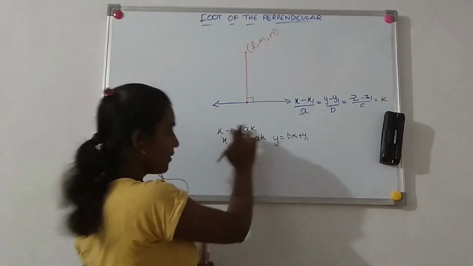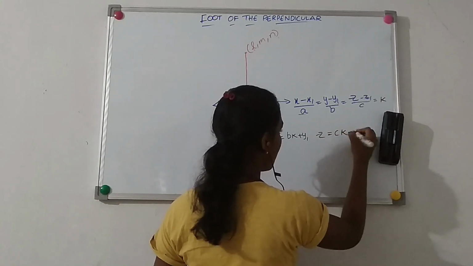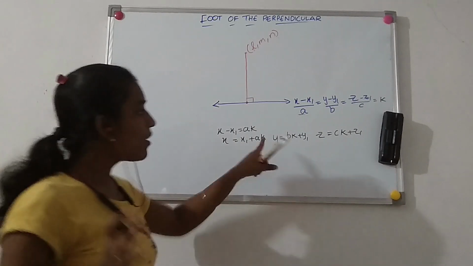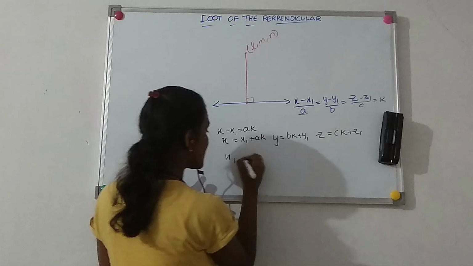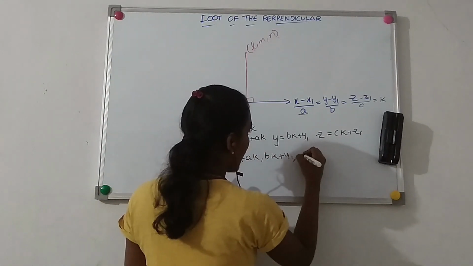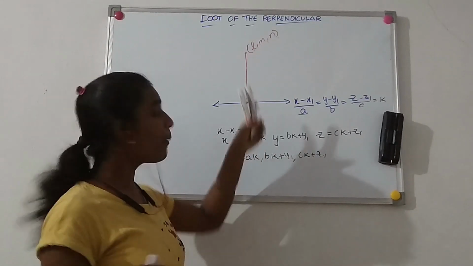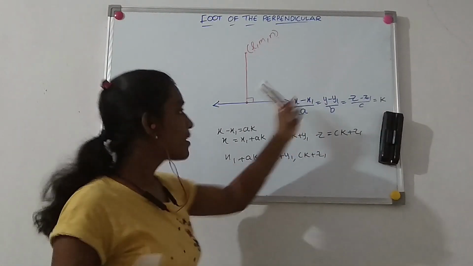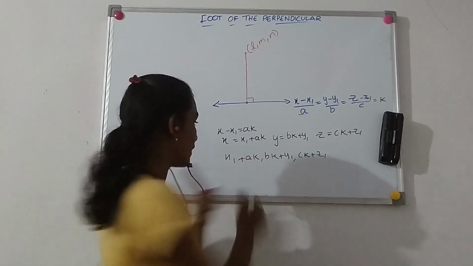I'll write directly. Okay. So z is equal to ck plus z1. This will be my x, y and z, right? So if I write it like this, x1 plus ak comma bk plus y1 comma ck plus z1 will be one general point on this line. Okay, because I put one constant and multiplied with that. So I will get a general point on this line, that is this one.